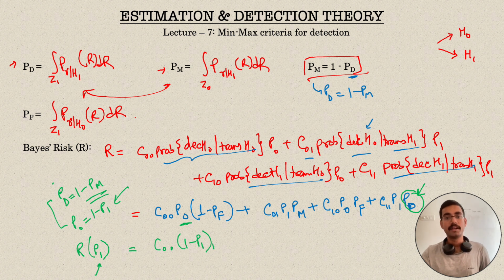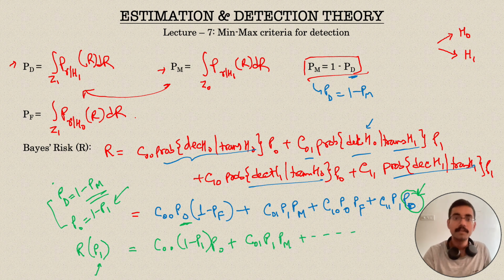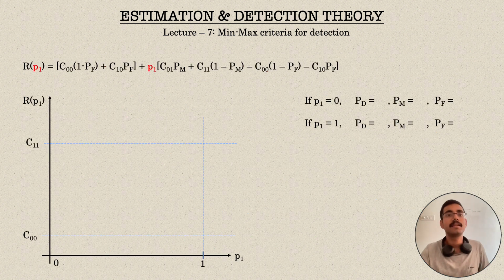Then P0 plus C01 P1 PM. If you arrange it and take P1 into one place, this entire equation would become something like this. Okay, so as you see, we have the Bayes cost as a function of P1 here.